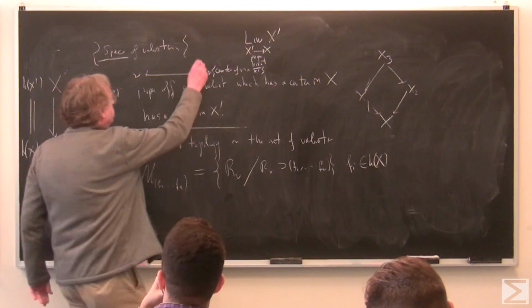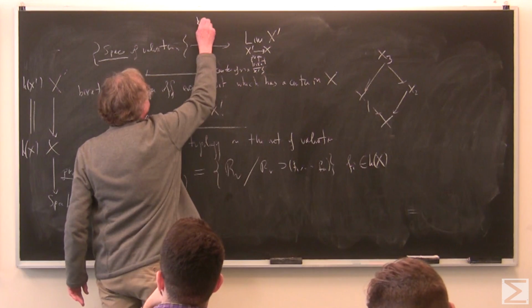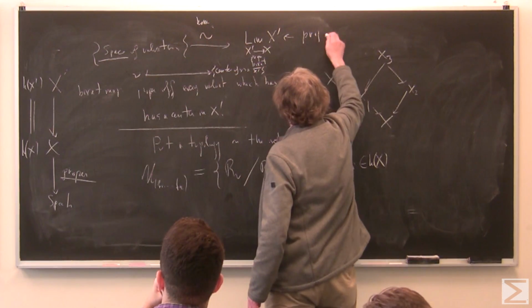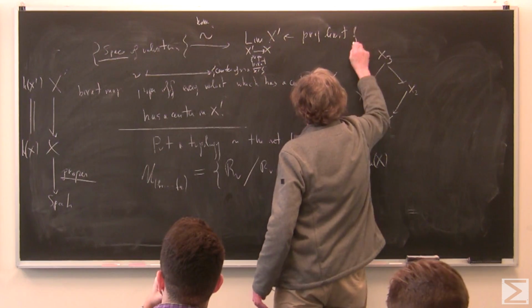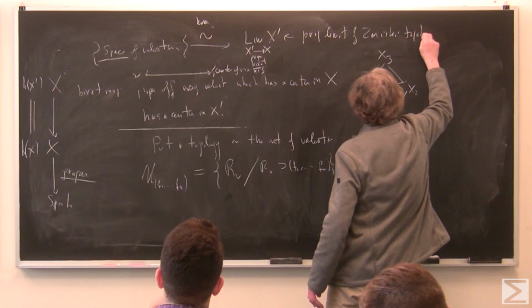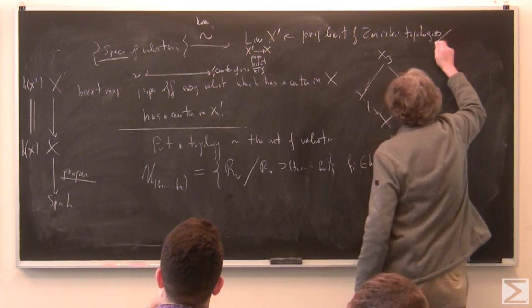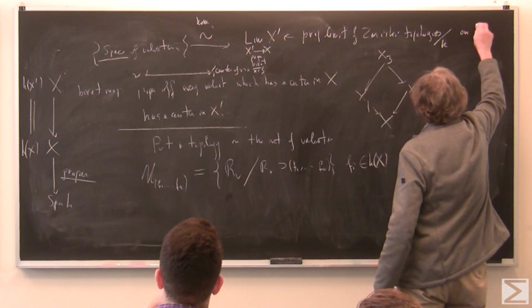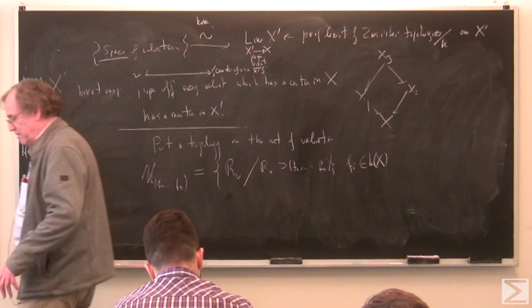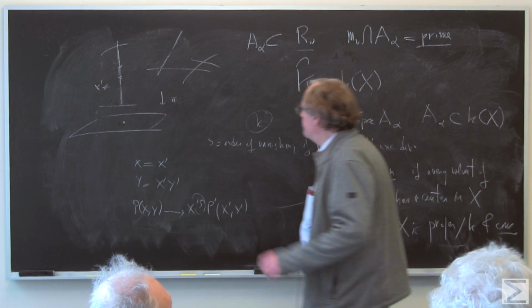So this is a map, and the theorem of Zariski is that this is a homeomorphism. If here I take the projective limit of Zariski topologies, with respect to the base field, always on X prime. With respect to the base field means the closed sets are the closed sets defined over k, little k.